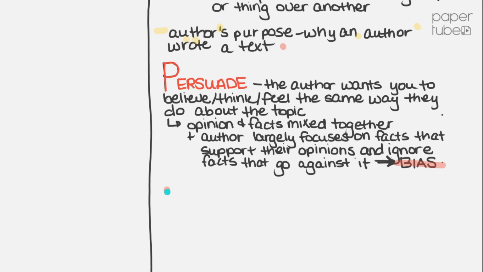By being picky about which facts you are using in your writing, you are going to have bias automatically, right? Anytime that you're trying to convince somebody to believe the same way that you believe, bias is going to be involved. So we have to be careful whenever we read a persuasion piece and watch for the bias in it so that we understand what's going on.